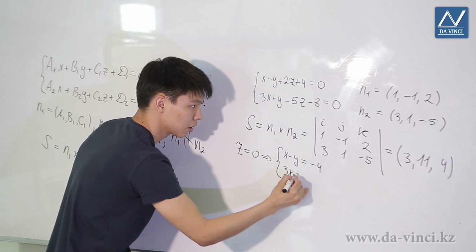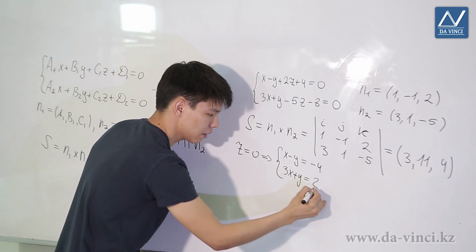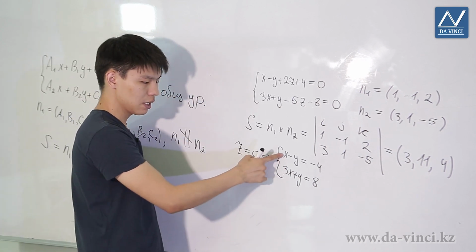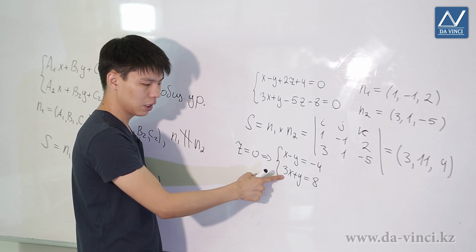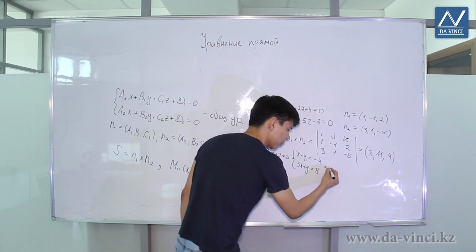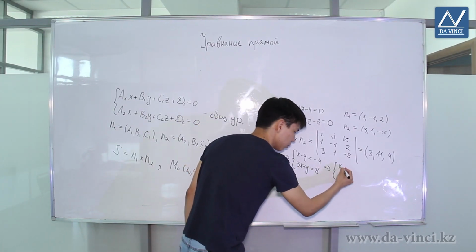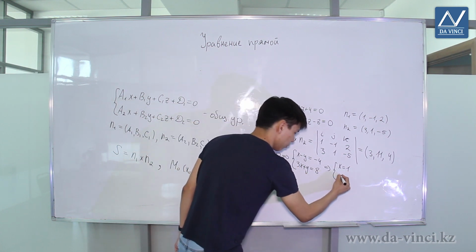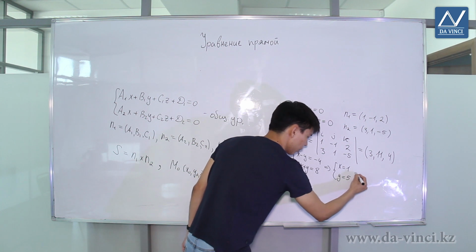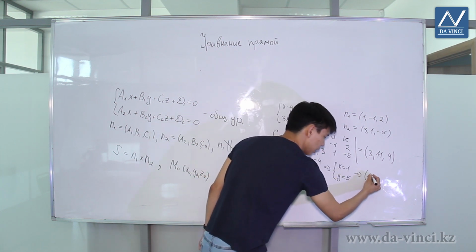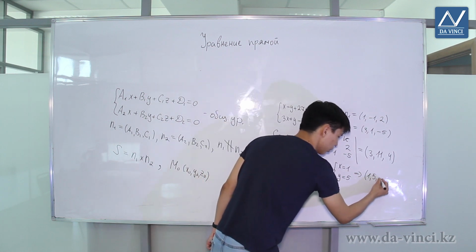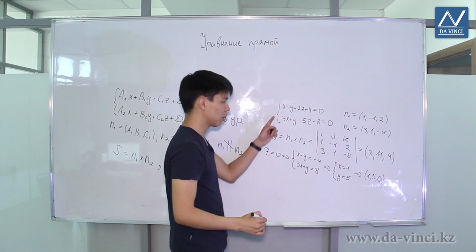Here we get 3x plus y is equal to 8. It remains to find x and y. They are easy to find. If we add them, then we get 4x is equal to 4. So x is equal to 1. If x is equal to 1, then y is equal to 5. Thus, a point with coordinates 1, 5, and 0 is a point that belongs to our line.